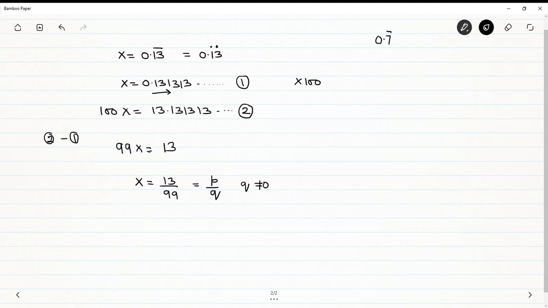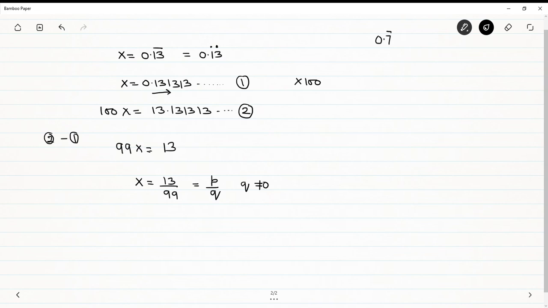And it was possible to write in this way because though it was a non-terminating decimal, it was repeating. So non-terminating but repeating decimal can easily be written in the rational number format. So that's the second variation of the same concept that we have seen.